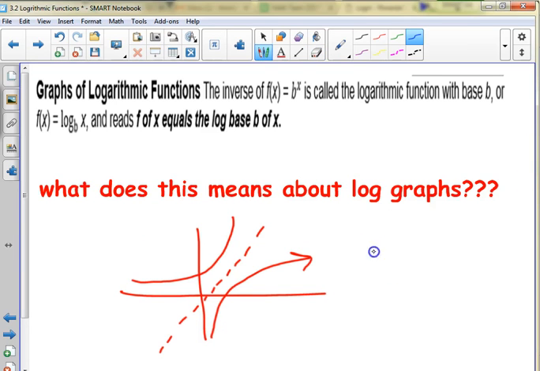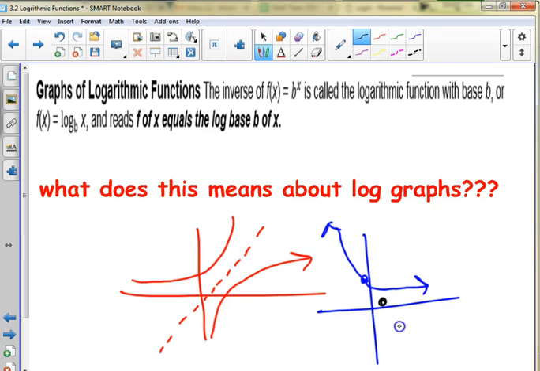Okay. If I had an exponential decay like this, okay, what's this ordered pair right here? 0, 1, yes, 0, 1. So the inverse would be at 1, 0. I can't draw on this, okay.